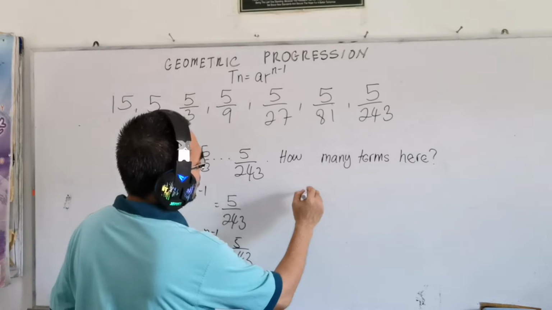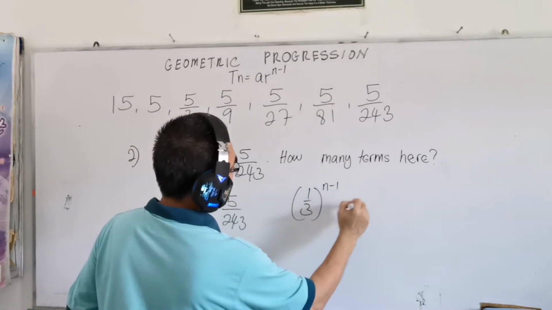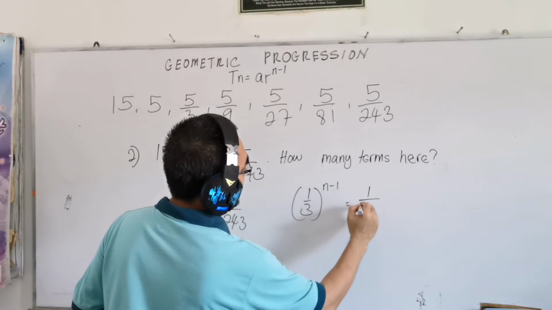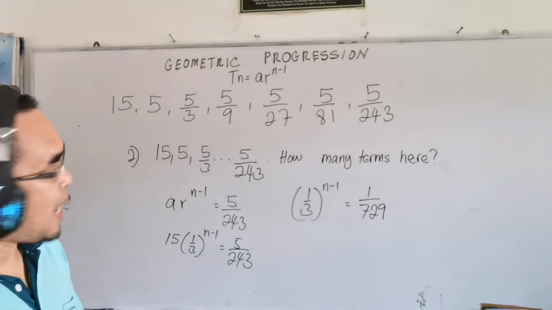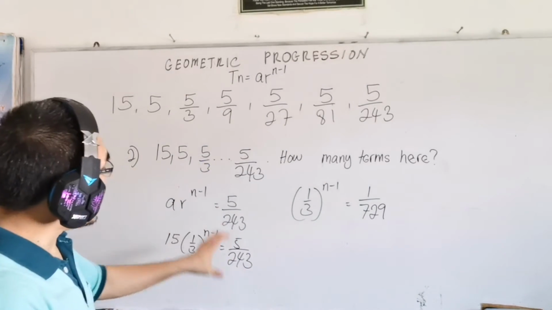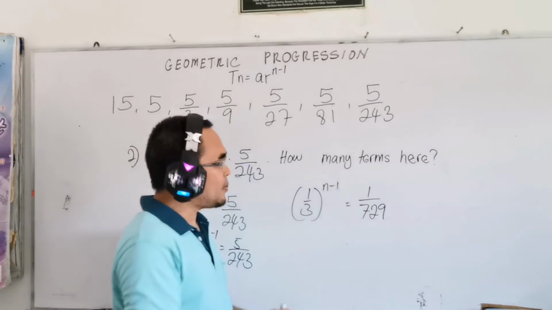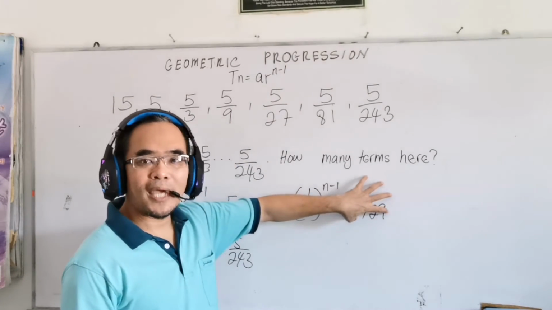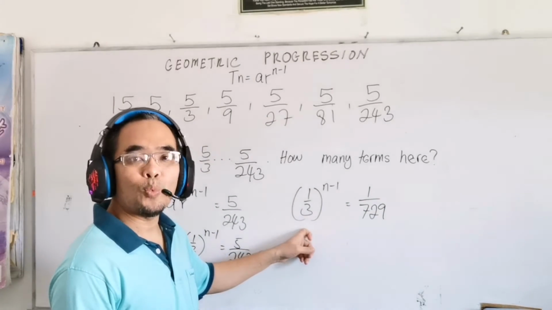So we see here 1 over 3 to the power of n minus 1 equals 1 over 729. Because we know this is a term in this arrangement, the base can be changed to 1 over 3.